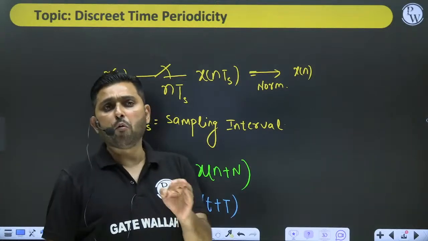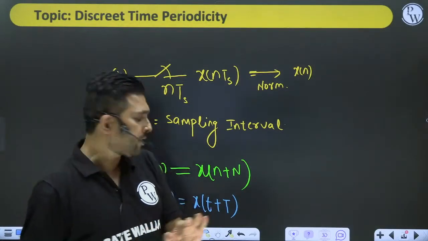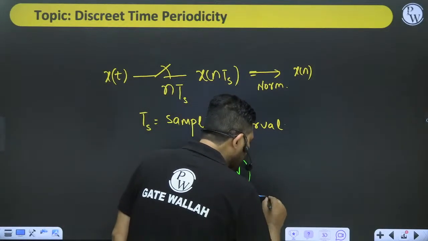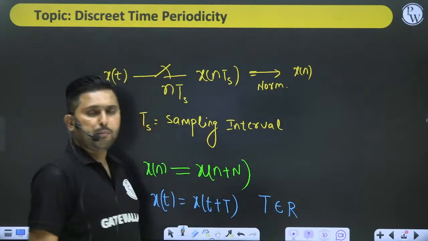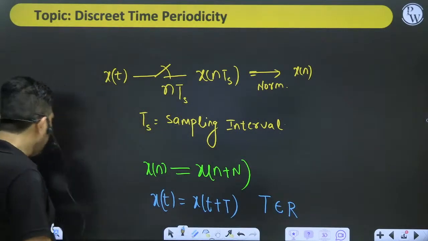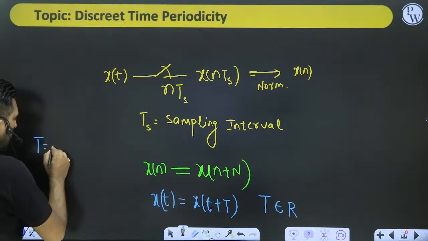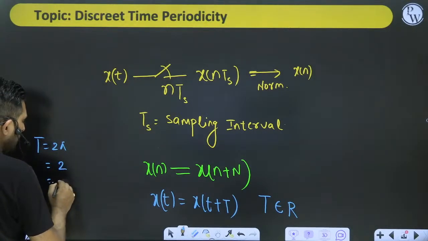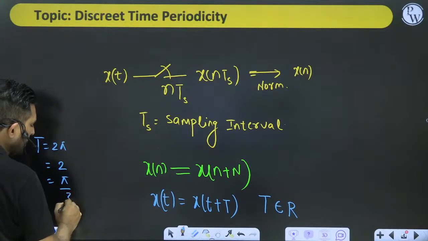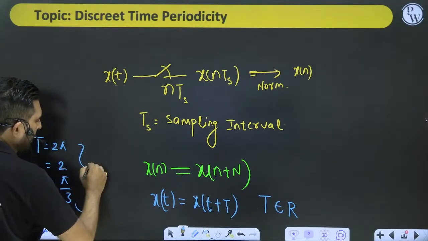But the most important point, listen carefully, is that when I talk about t, t belongs to the real numbers. T can be any real number. So if I consider T to be 2 pi, or 2, or pi by 3, whatever, it is perfectly valid.